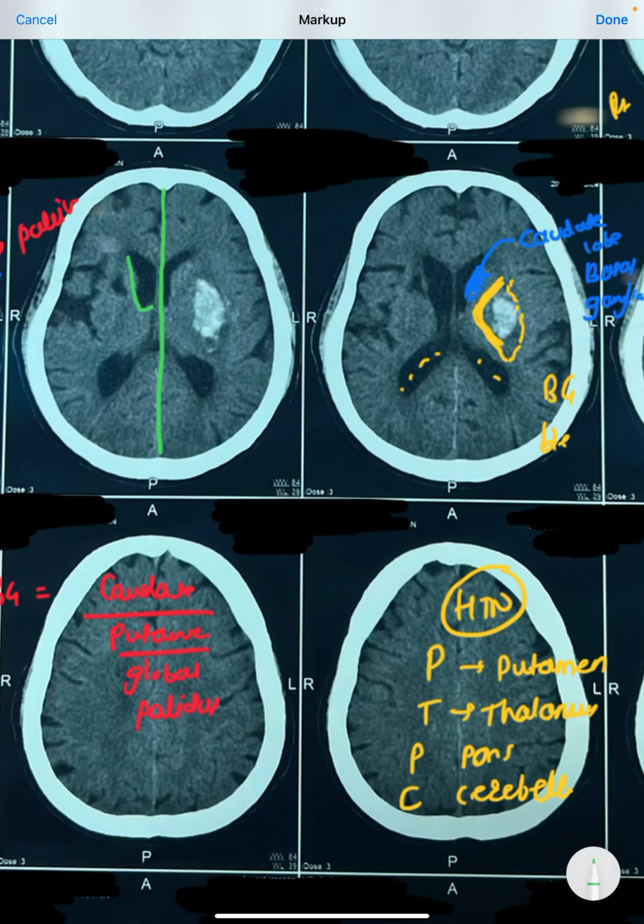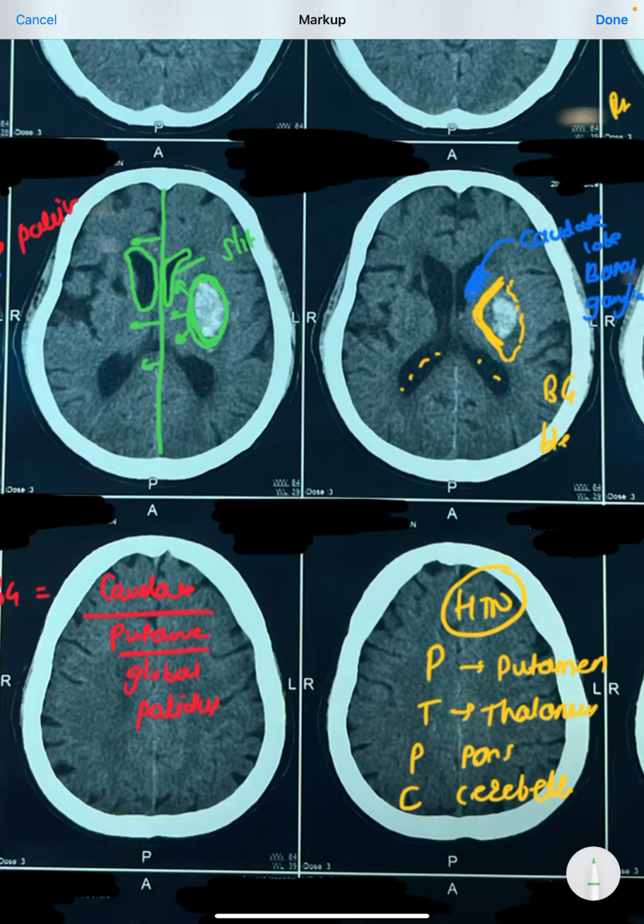This ventricle is very wide, whereas this ventricle is pretty slim or narrow, almost slit-like. This is because of the compression and the edema around the bleed. It is putting pressure not only on the lateral ventricle but also on the thalamus, and if the bleed eventually increases, there can be midline shift.